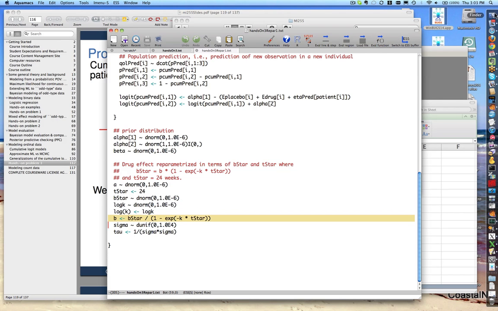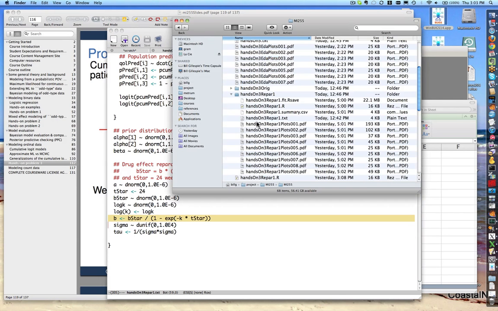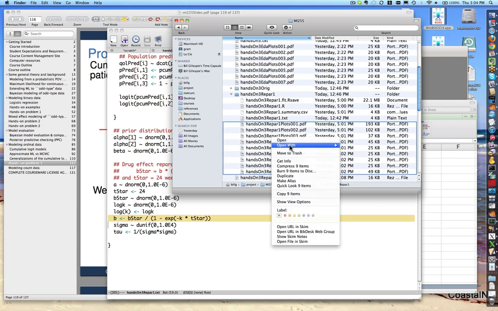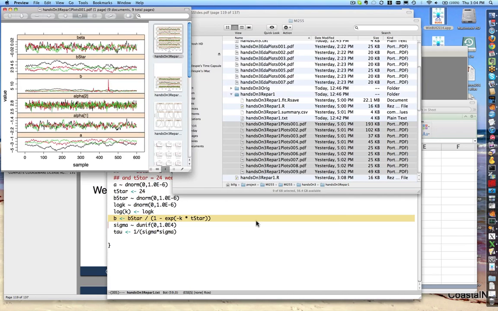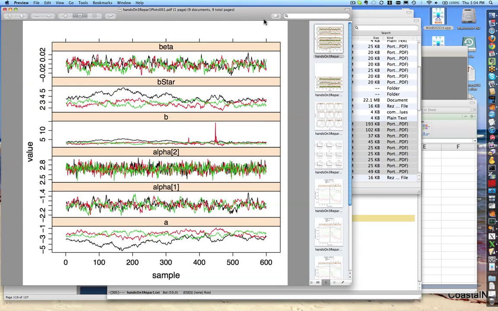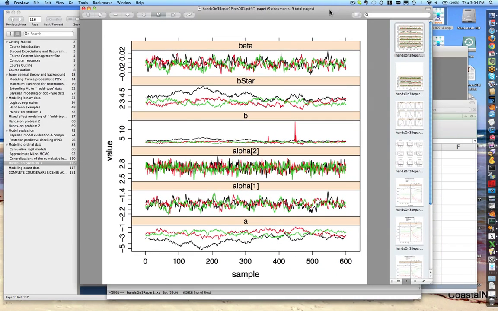So when I try that, I open these up. Okay, this is with the smaller number of iterations. This is again 10,000 times 3, and gee, that didn't help a whole lot.